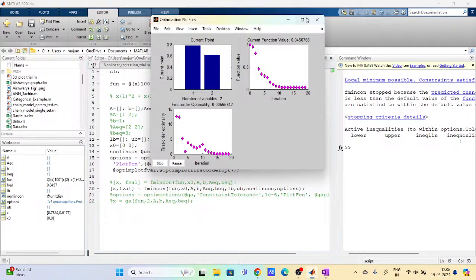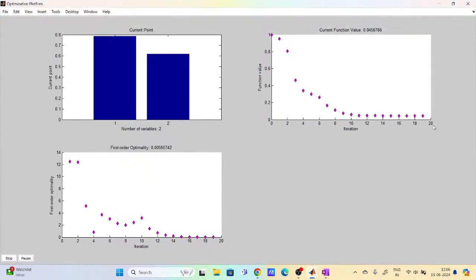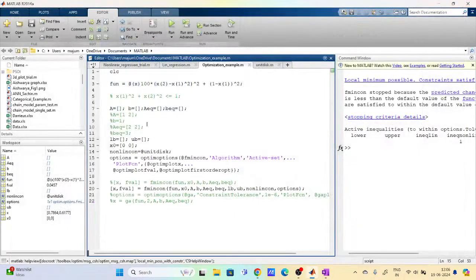Look, active set, how many iterations? 20 iterations it needs. So interior point 25, active set 20, SQP only 15. The last algorithm used by MATLAB is, which one? Trust region reflective.